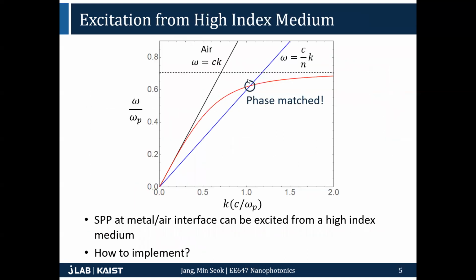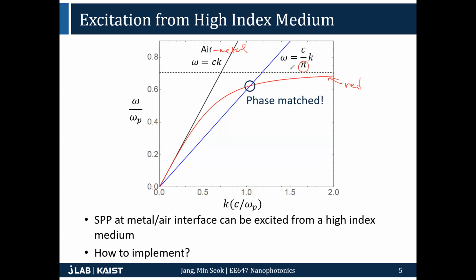So the idea is basically using a high index medium. Okay, so let's say you have a plasmon at an air metal interface. Then that plasmon has this red dispersion relation. And then you can imagine you have a high index medium.